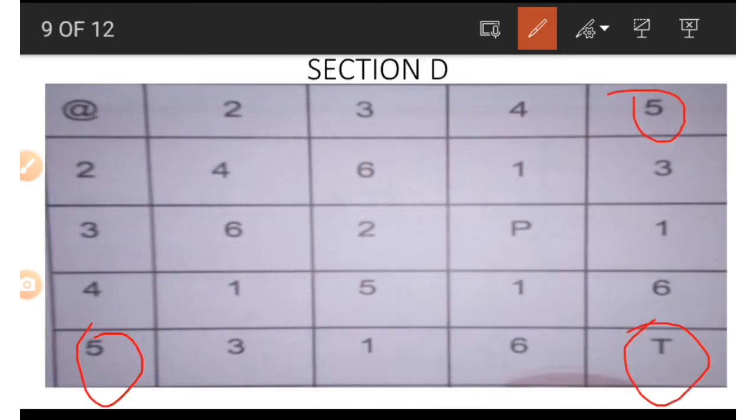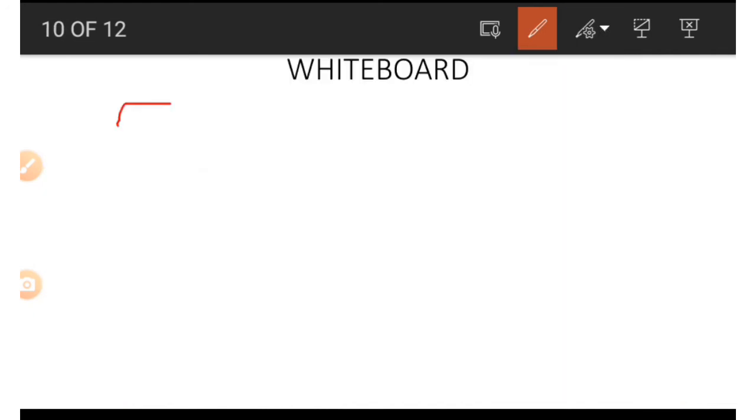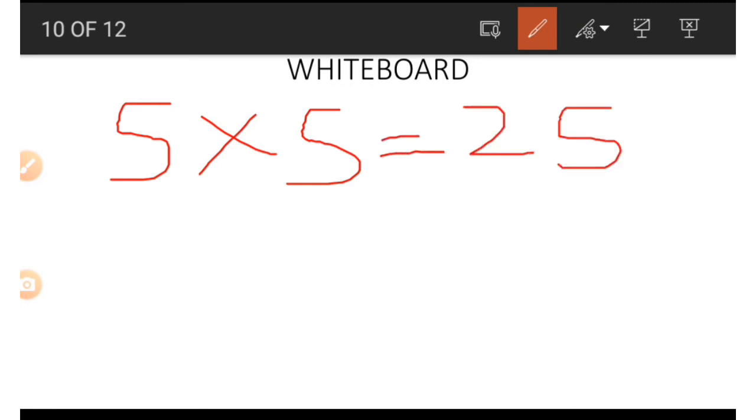Then the last one is T. To get T, you have a 5 on top and a 5 on the side. You multiply them, and that gives you 25. Now this 25, you break it down in sevens because we are doing base 7.